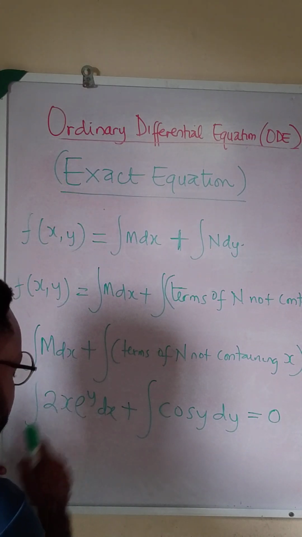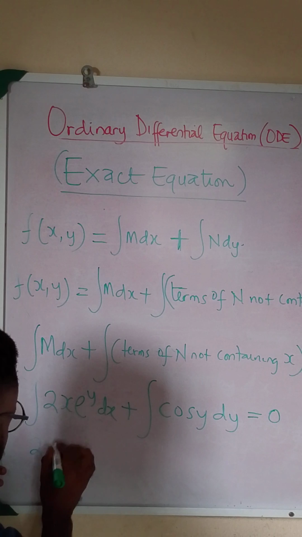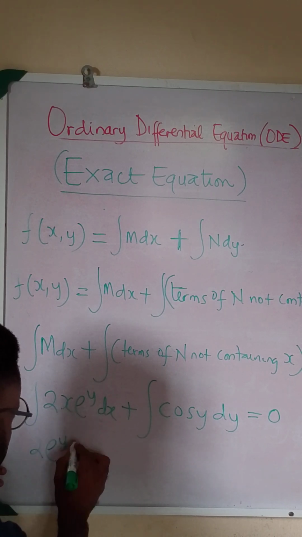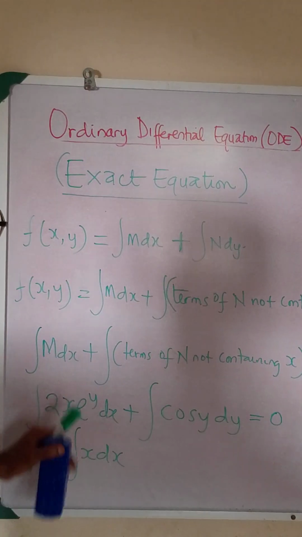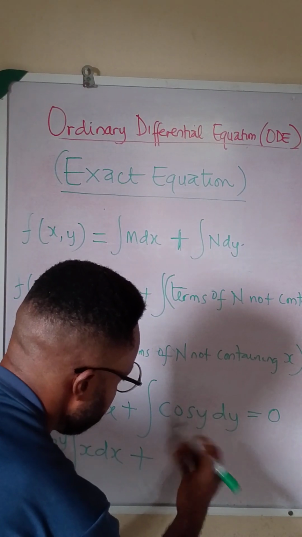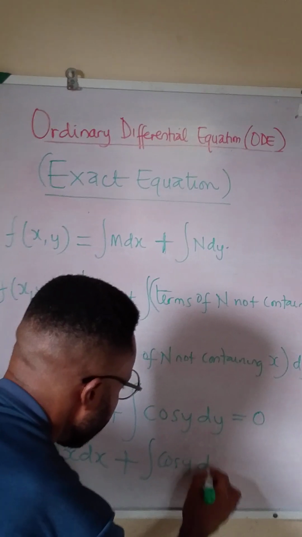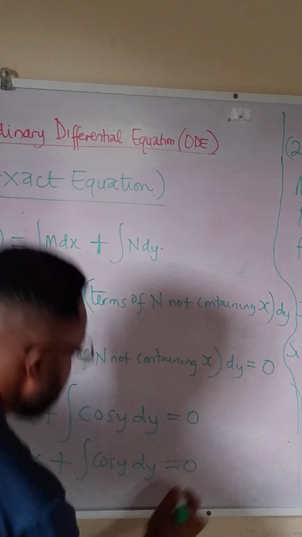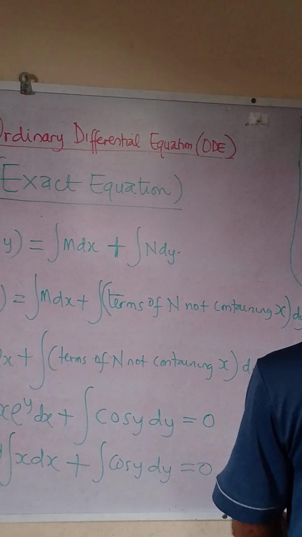So 2 exponent y is the constant we have. We bring it out and integrate only x dx, since we are integrating with respect to x, plus this one we are integrating with respect to y. So we have the integral of cos y dy equal to 0. So we can now perform our integration.